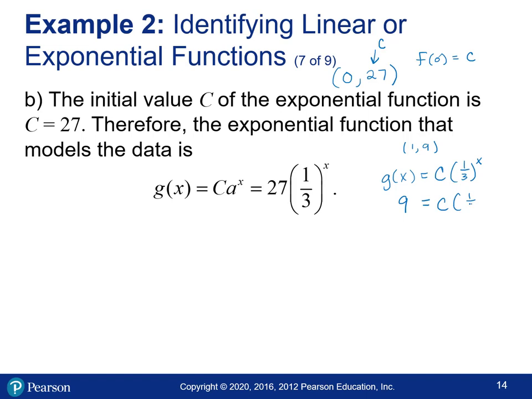And so you can solve for the unknown, in this case solving for c. So we have 9 equals c times 1/3, divide both sides by 1/3, and when you do this you would say 9 times 3/1, you'd flip and multiply, and that's c, and that's how you can solve and get 27. So just showing you another way, an option, in case you didn't realize that c was going to be 27 from this point here, 0, 27. And so that is our model of our exponential function that represents that data set.